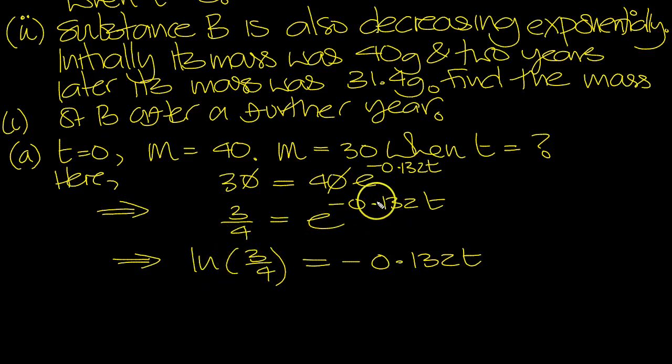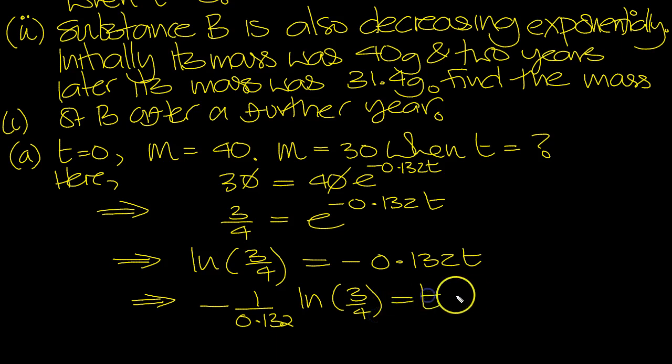And this power term just drops down to ground level. Then divide by the minus 0.132. And we have this, don't we? Move that down to divide. Log of 3/4 is equal to t.